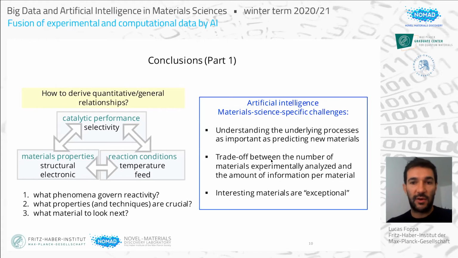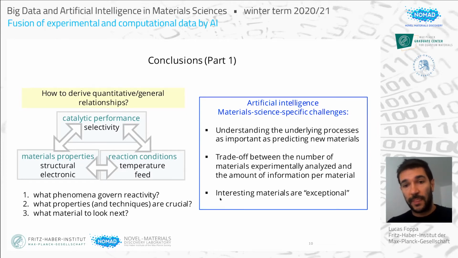Second, we have a trade-off between the number of materials that are experimentally analyzed and the amount of information per material. We can either consider a large amount of materials and a small amount of information per material, or we can have few materials and a larger amount of information for them. This is similar to what we have in first principle simulation of materials too.